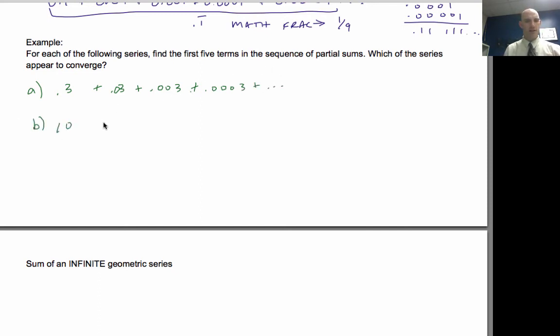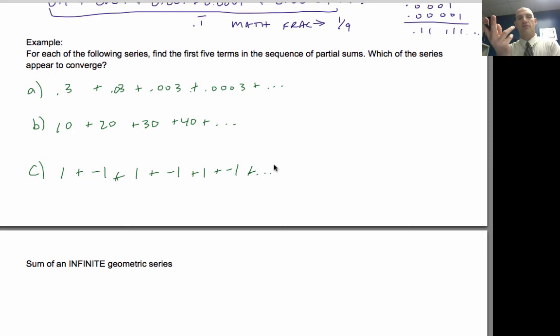B is 10 plus 20 plus 30 plus 40 plus dot dot dot, and C would be 1 plus negative 1 plus 1 plus negative 1 plus 1 plus negative 1 plus dot dot dot. I've got 3 situations here. What they're asking me to do is find the first 5 terms, the sequence of partial sums, and which of these series appear to converge.